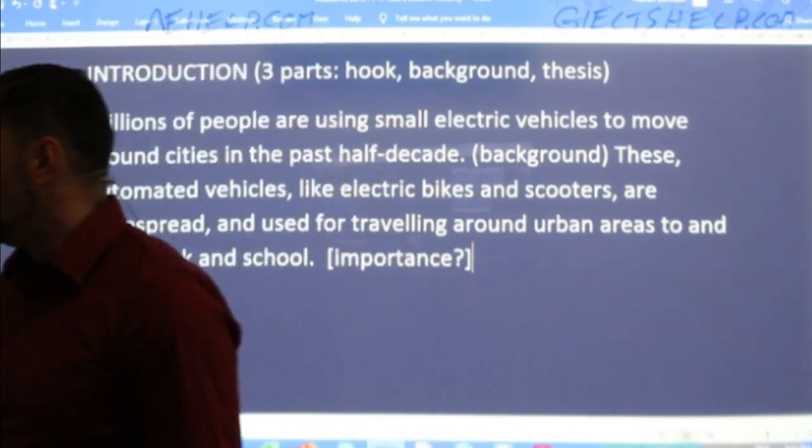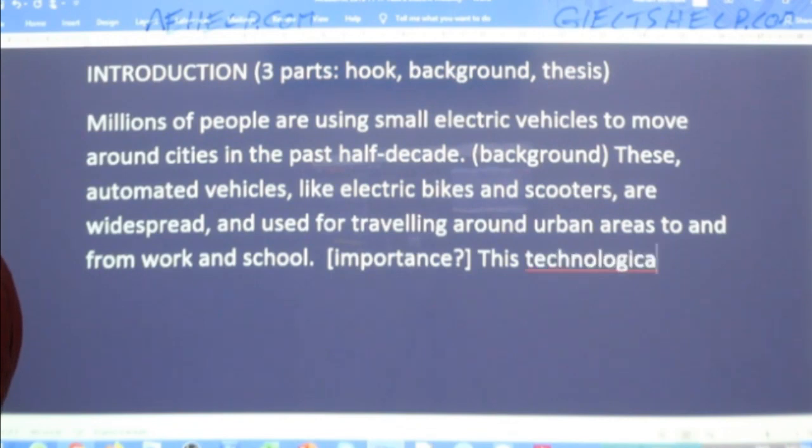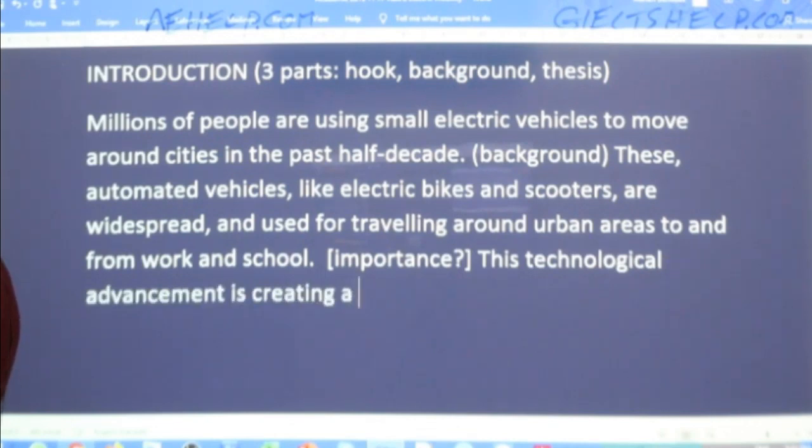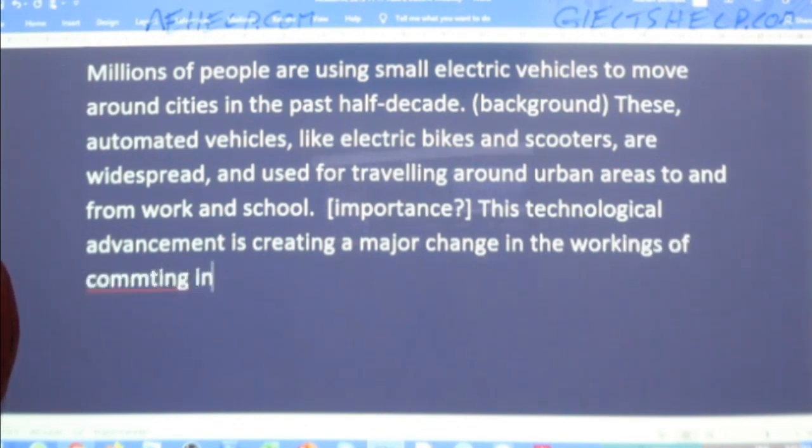Okay, so this technological advancement is creating a major change in the workings of commuting on roadways.